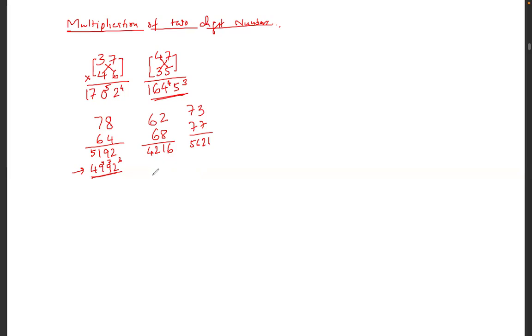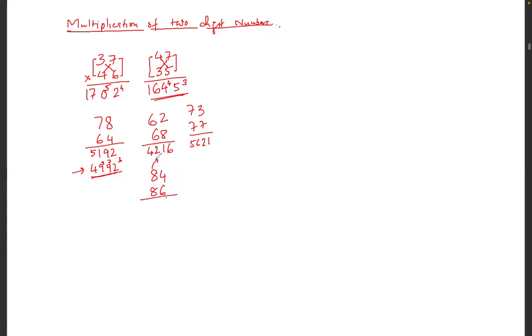Whenever you multiply two numbers such that, let's say it is something like 84 into 86. Now, what is the special thing about this? The sum of unit digits is 10 and tens digits are same. What you can do?